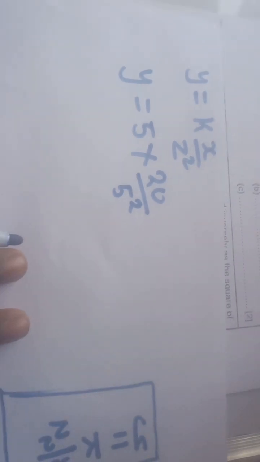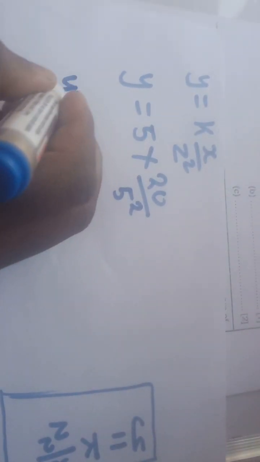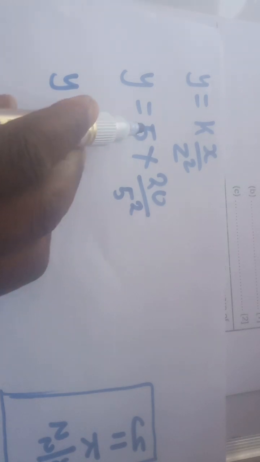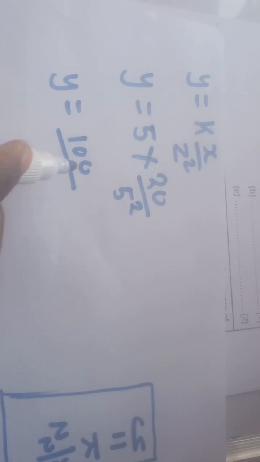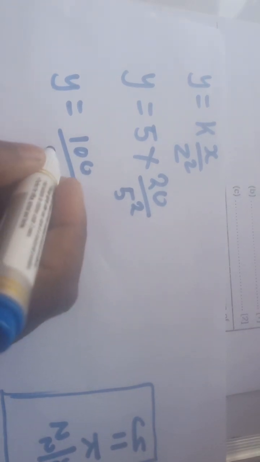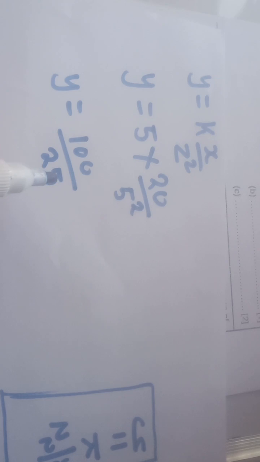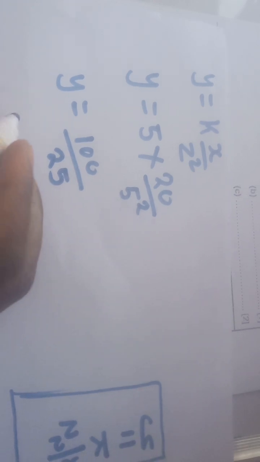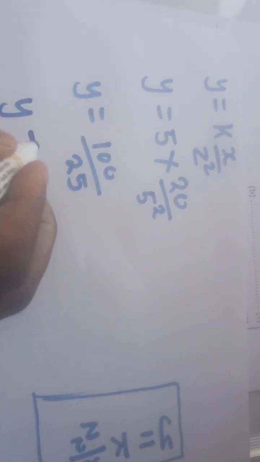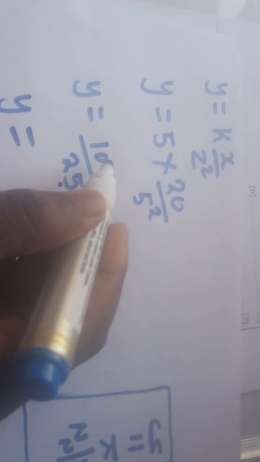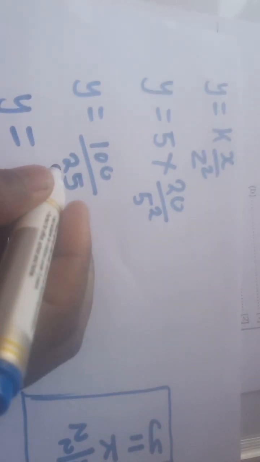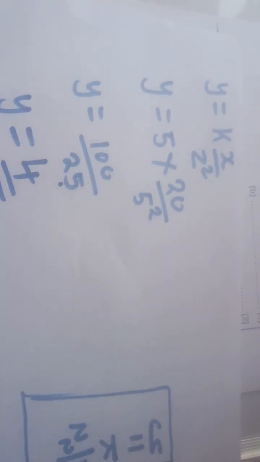So y is equal to, what is 5 times 20? You get 100. 5 squared is 25, because 5 squared means 5 times 5. So y is equal to, how many times can 25 go into 100? It goes 4 times.